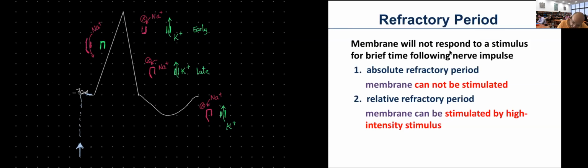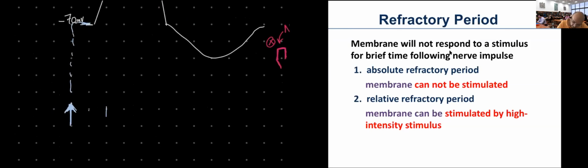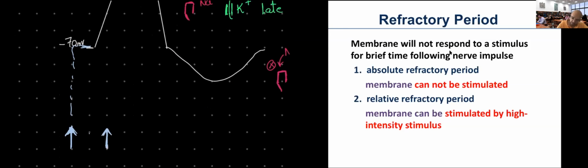What if I've received another stimulus? If I've received another stimulus while I'm still conducting this electrical signal. So let's say I've received another stimulus while I'm still performing my depolarization.